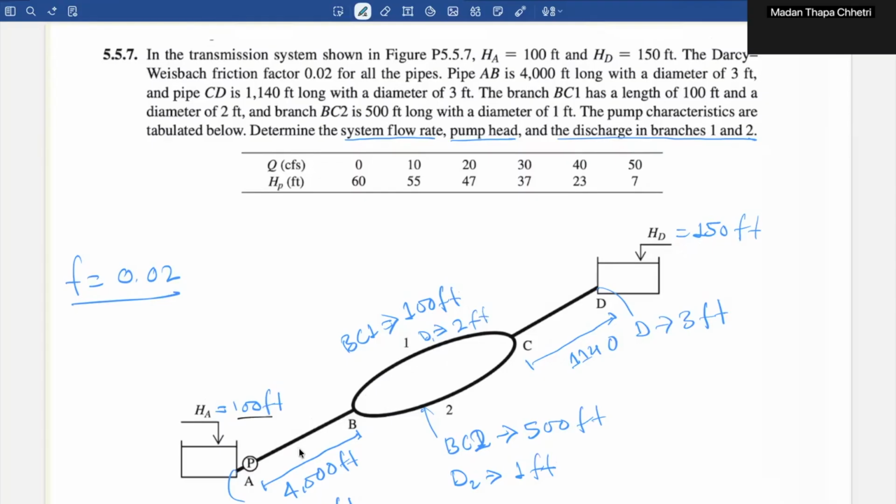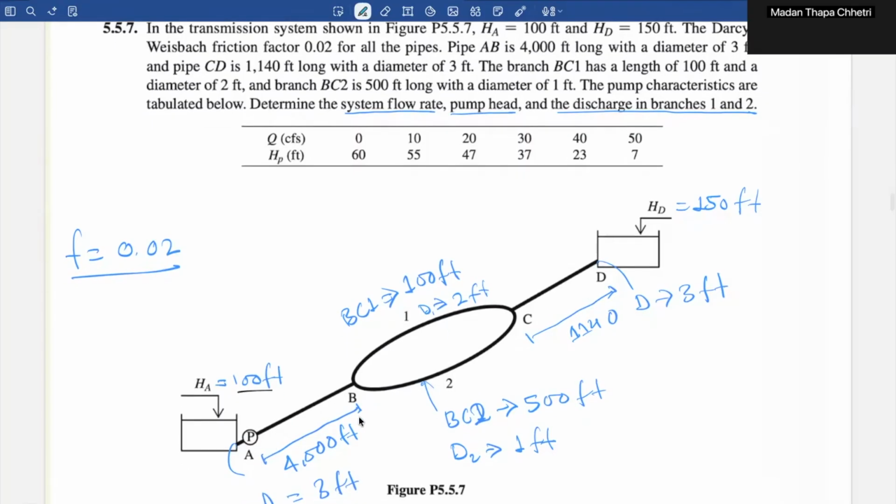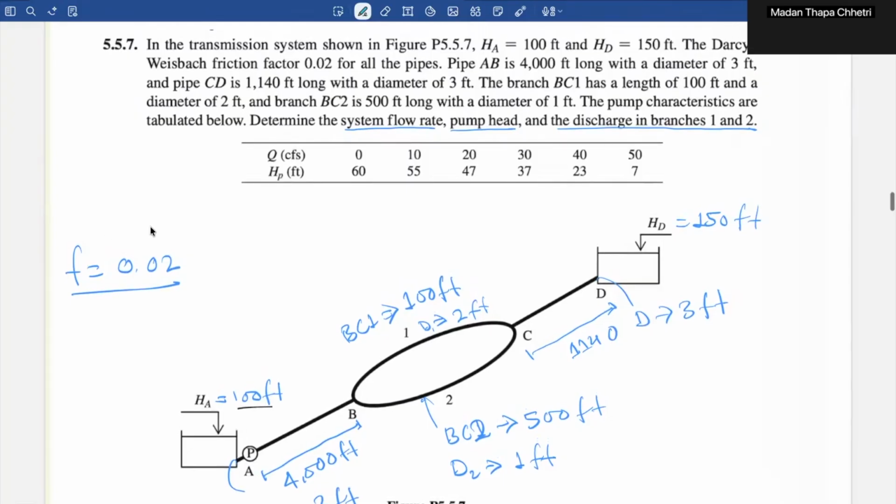Our length of pipe AB is given, the diameter of pipe AB is given, and similarly for branch 1 and branch 2, all those values are given, and I have already written them here. For CD, its length is given, the diameter is also given, so the frictional factor is also given.